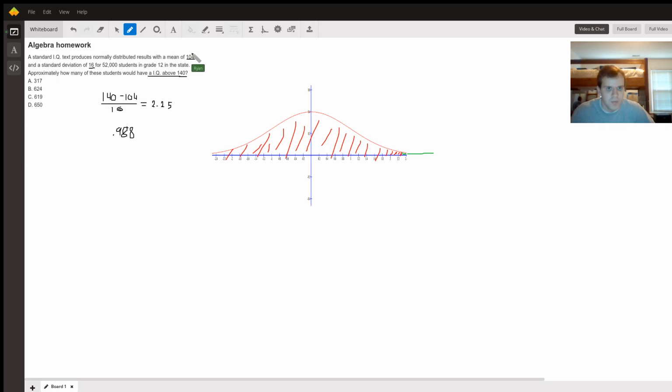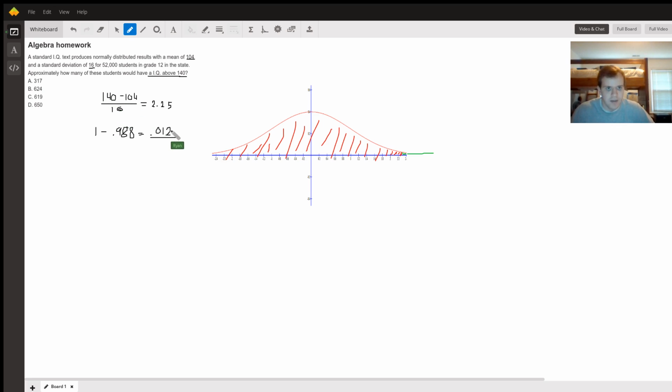So what we're going to do is 1 minus 0.988, and that gives us 0.012. So the probability of being above 2.25 standard deviations from the mean is 0.012.